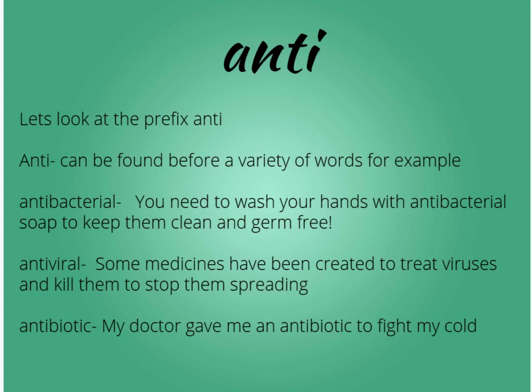So knowing what your prefixes mean will enable you to figure out what a word means. Next, we have antiviral. It says some medicines have been created to treat viruses and stop them from spreading. When something goes viral, like a YouTube video, everybody's seen it.